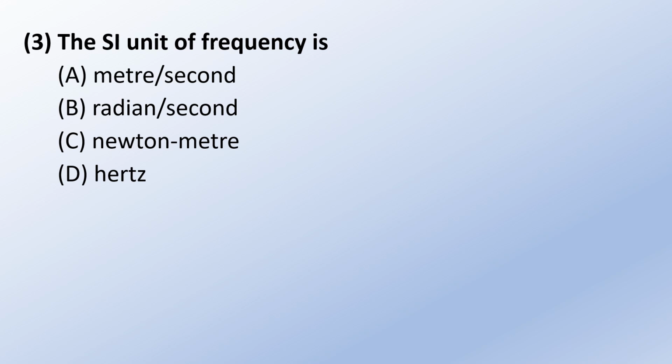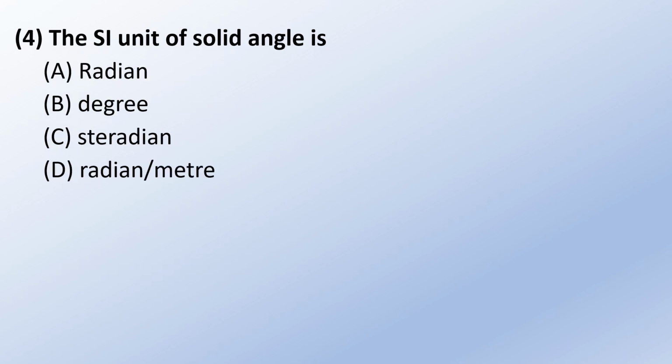3. The SI unit of frequency is: A. Meter per second. B. Radian per second. C. Newton meter. D. Hertz. Answer: D. Hertz. 4. The SI unit of solid angle is: A. Radian.